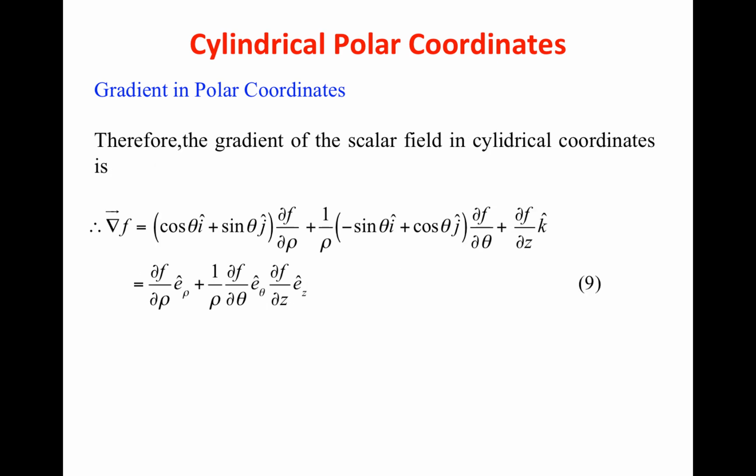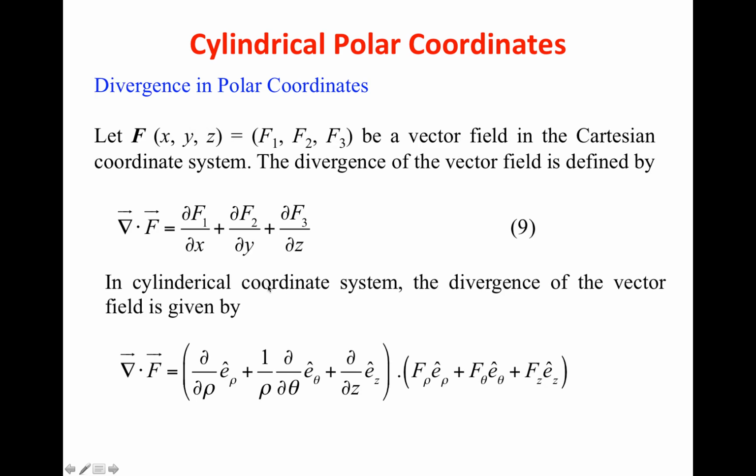So now I am ready to write down the gradient of the scalar field. The gradient is my del operator operating on my scalar field f. So that is given as del f by del rho into e rho cap. That means this is the component in the direction of my radius, and of course there has to be a plus sign over here.